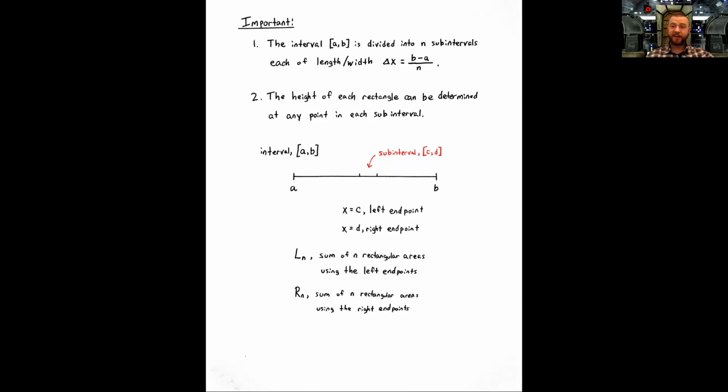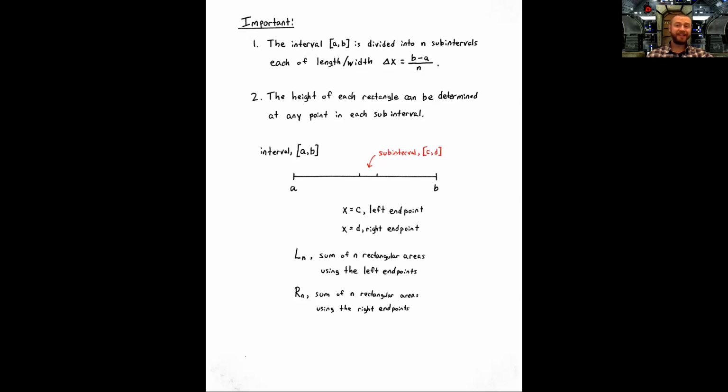The two standard ways to start by approximating area is just to be consistent, use the left endpoints for each subinterval, and at each of those left endpoints, we take that x value, plug it into the function f of x to determine the height of each rectangle. And the rectangle would go up and hit the graph and either be hanging underneath the graph or hanging over, depending on what the curve looks like.